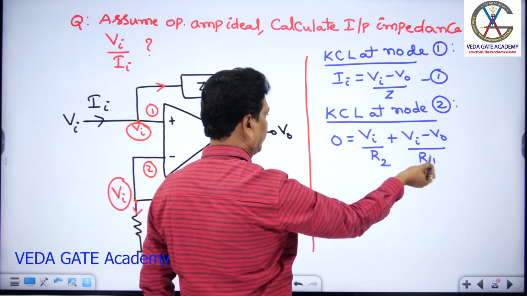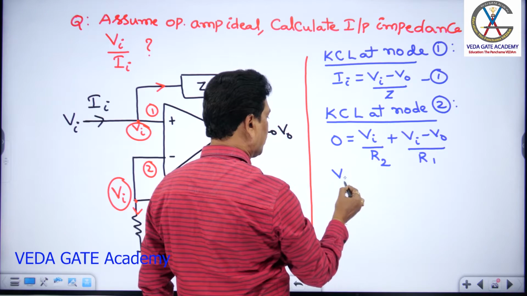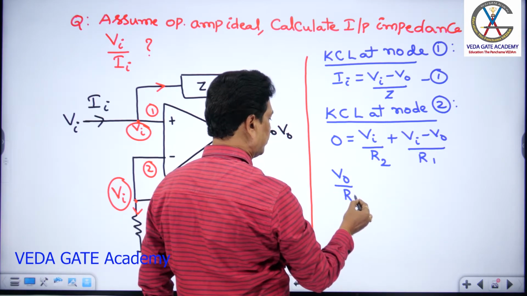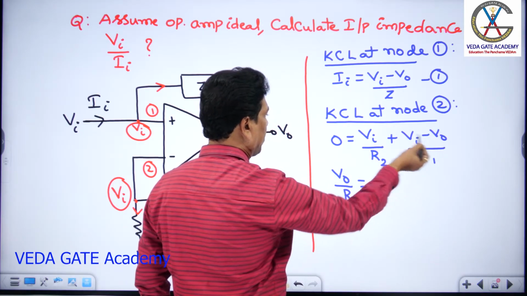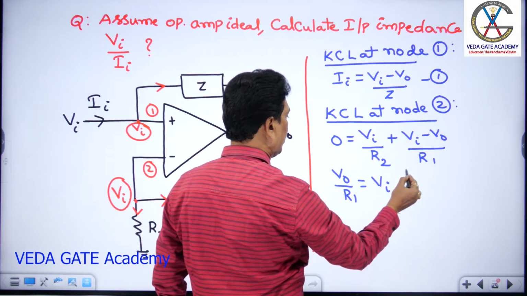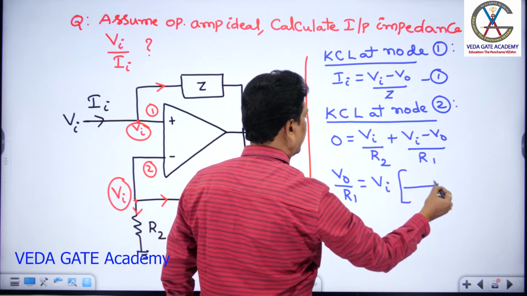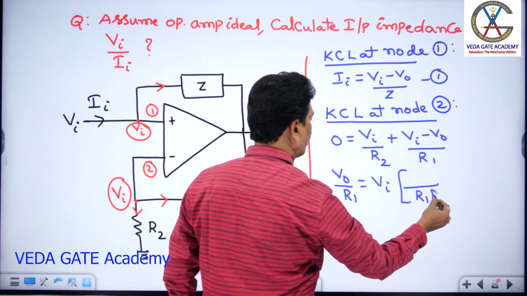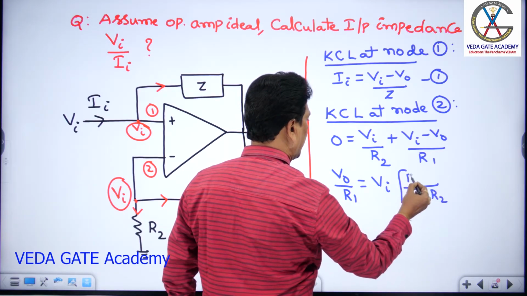Take the V0 by R1 term to this side. Minus V0 by R1 becomes plus, and take Vi common. The LCM is R1 R2, giving R1 plus R2.